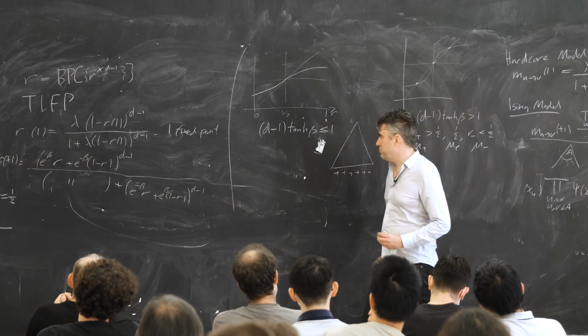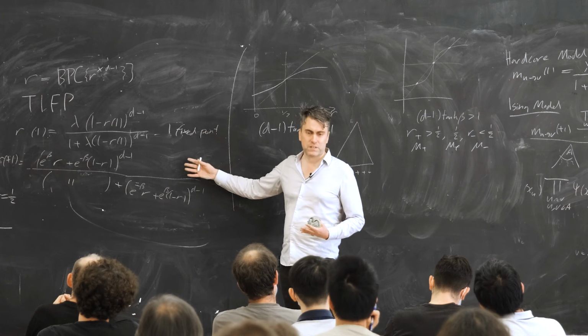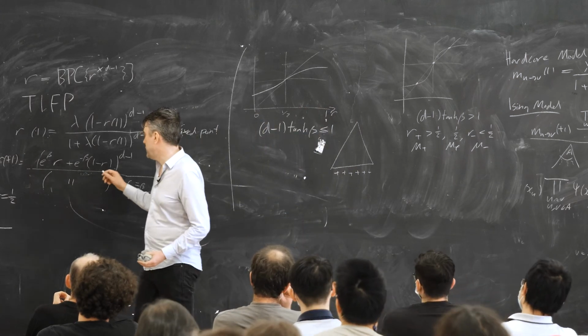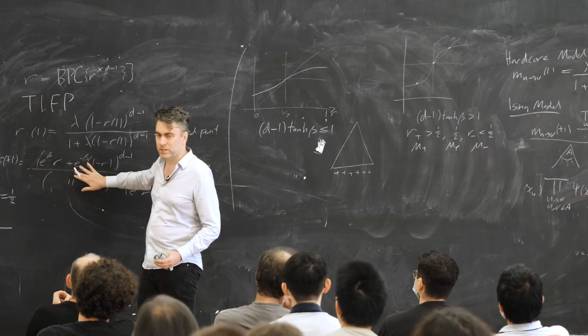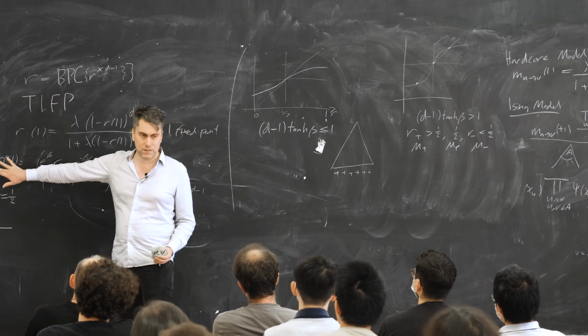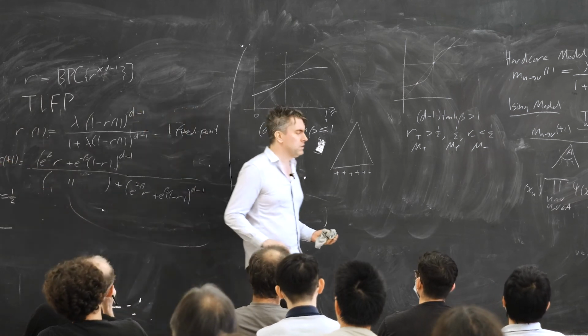since the BP equations for the Ising model are increasing as a function, the bigger the m plus you have as the input, the bigger m plus you get as an output.